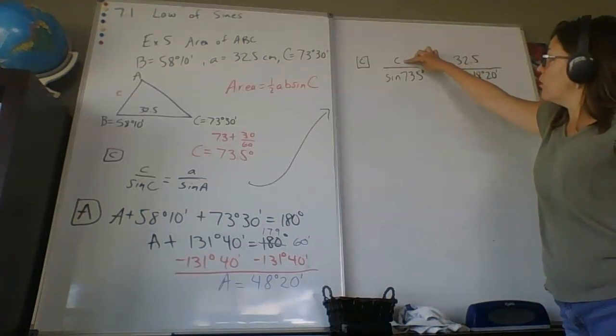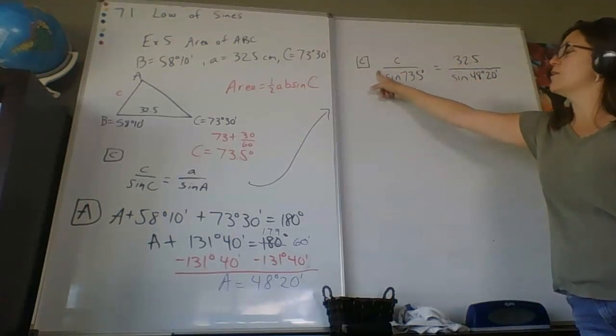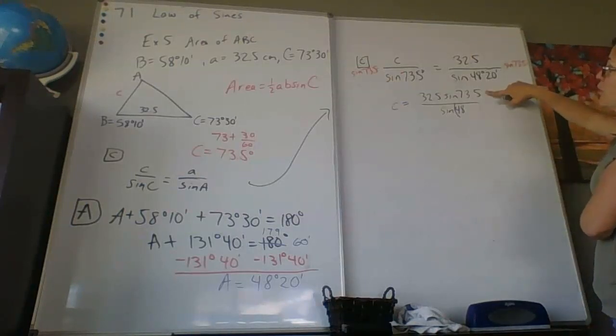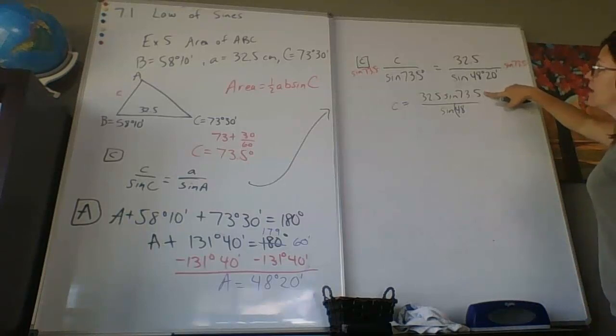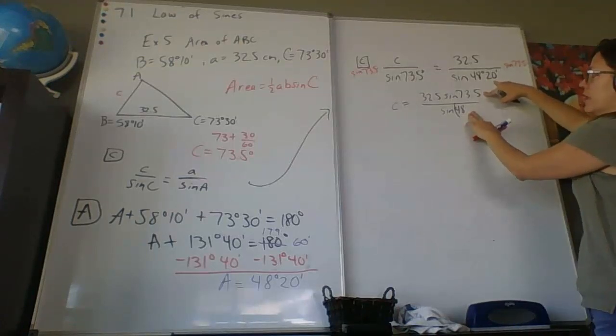Because the variable C is on the top, I can simply multiply both sides by sine of 73.5. So now I will get 32.5 sine of 73.5 over sine of 48 degrees and 20 minutes. And this is how I will enter it into the calculator.